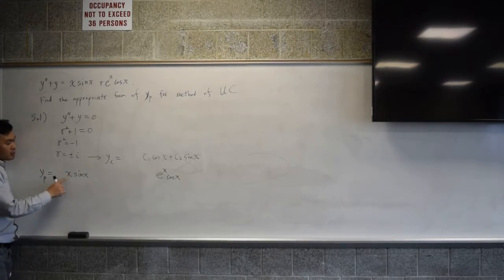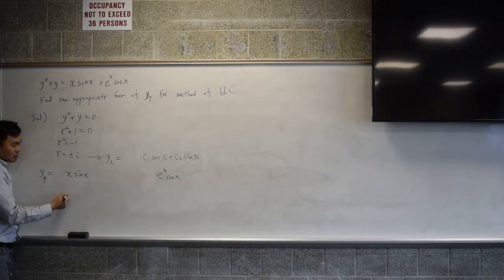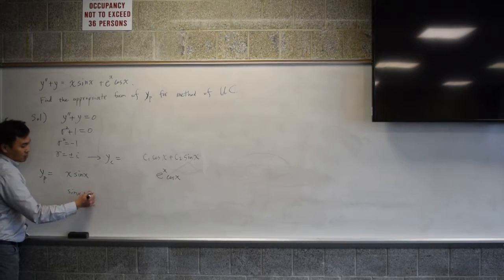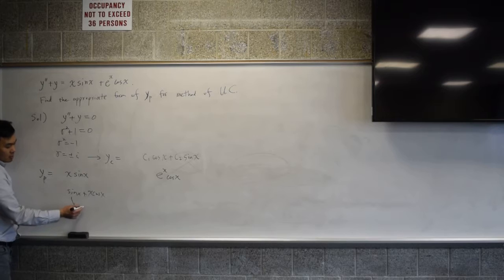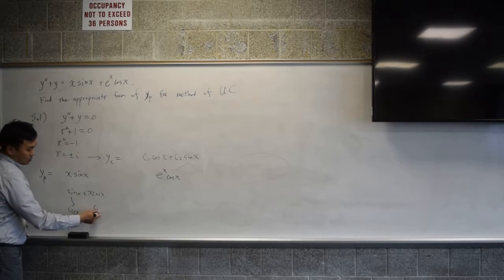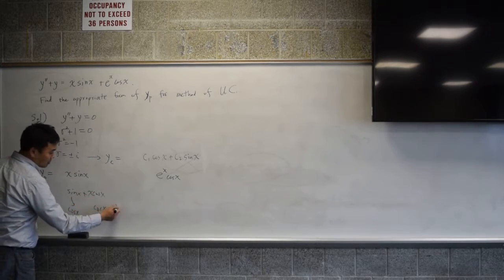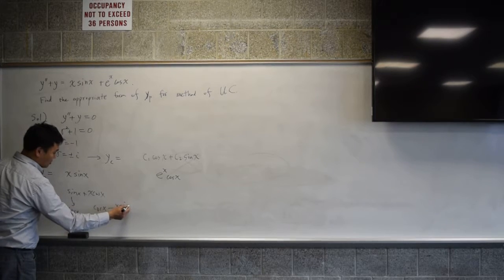If you differentiate this once, what do you get? The first derivative is sine x plus x cosine x, right? And if you differentiate sine, you get cosine. If you differentiate x cosine x, that's cosine x minus x sine x, right?